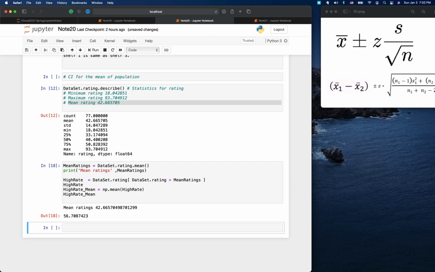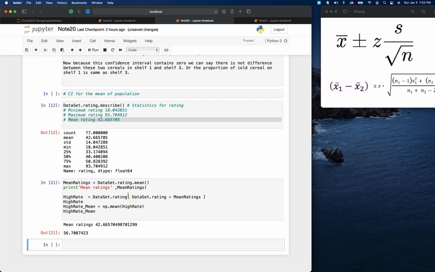Okay, so what I actually wanted to do now came to my mind. I'm going to change something. So I'm working on the rating, right? I want to actually find the calories for those with high rating and the calories for those with a lower rating. So let's do that. That's more interesting.